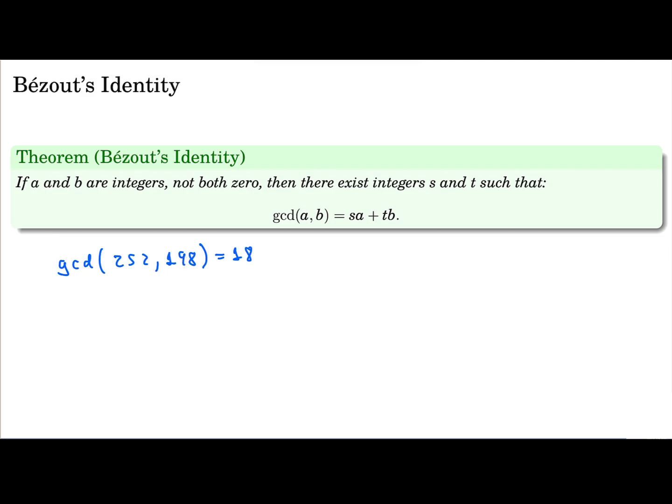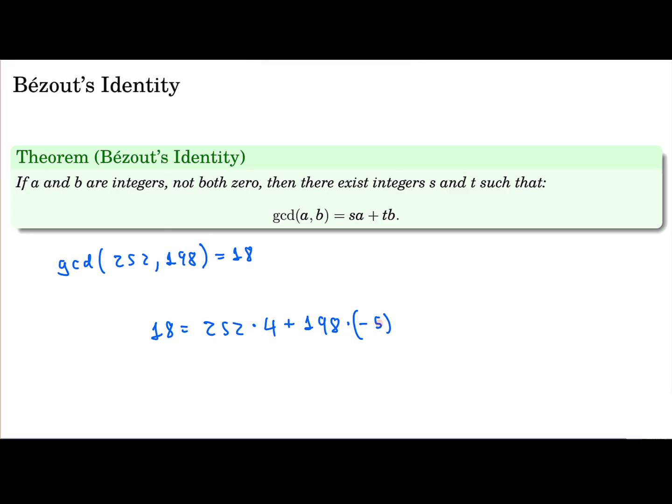And indeed, one can check that 18 is equal to 252 times 4 plus 198 times minus 5. So these are the two integers. So this would be the s and the t here.